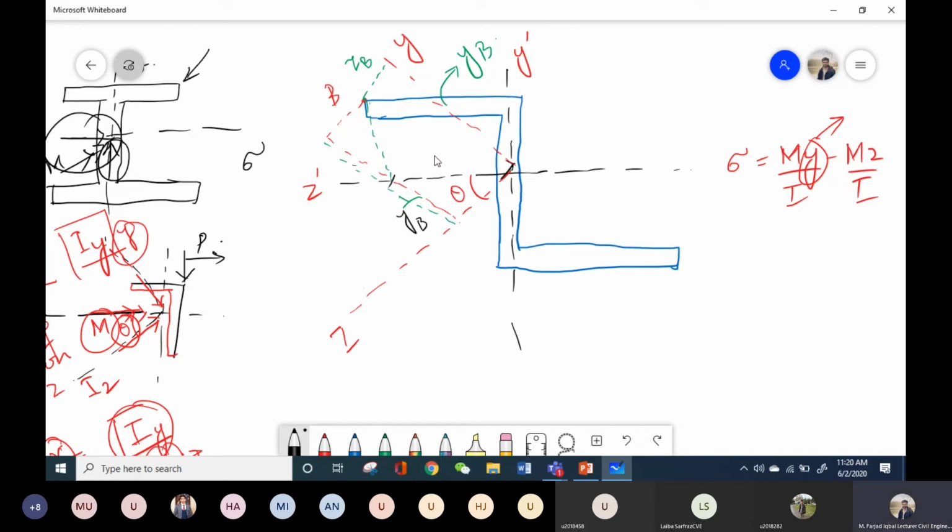Can I say that it is ZB dash? Again, if I show the symbol by dash line, it means that the distances are on the Z dash axis or the Y dash axis. If I show the distance by simple YB or ZB, that will mean that these distances are with reference to the inclined axis. So you should make these things clear in your mind.